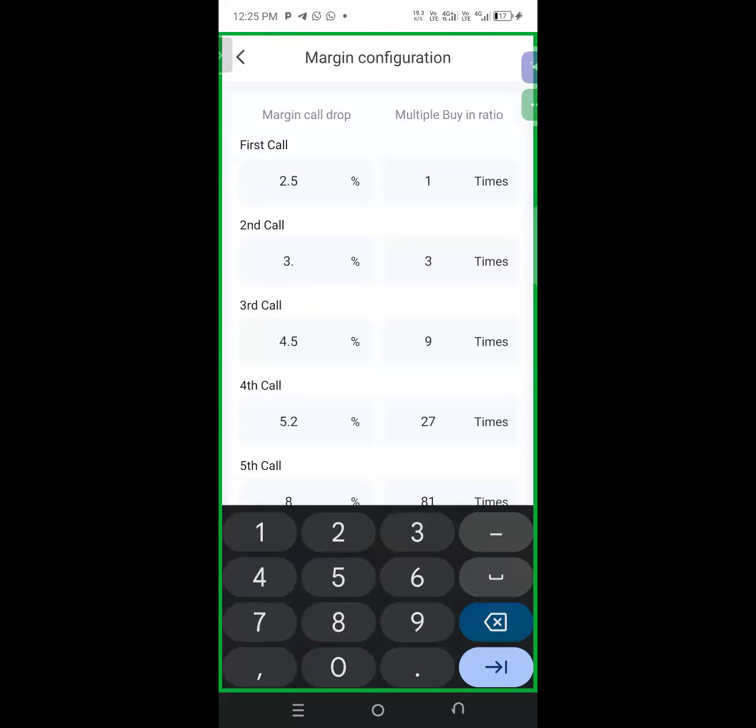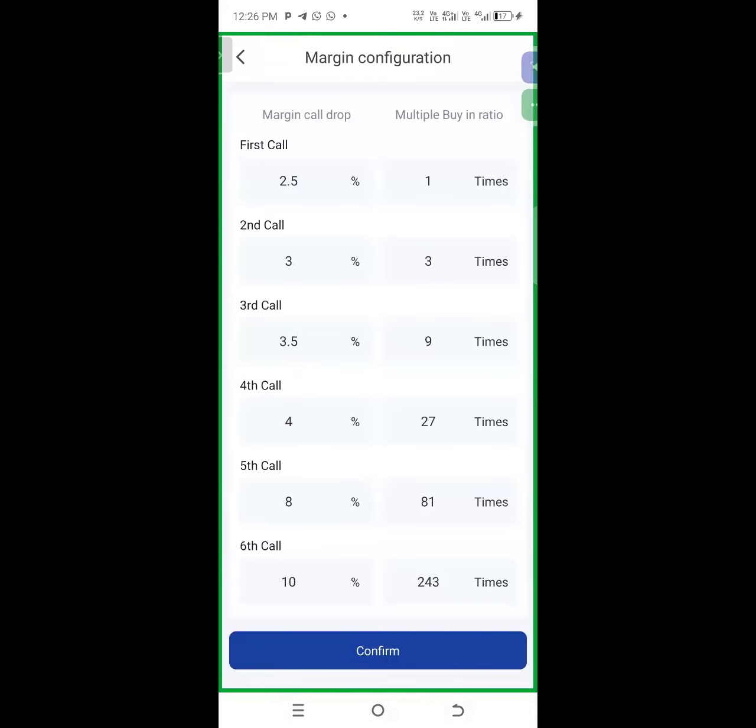Then the next one is 0.5, right? So the next one is 4, right? Good. So now from this, we can decide to increase the rest of the interval.